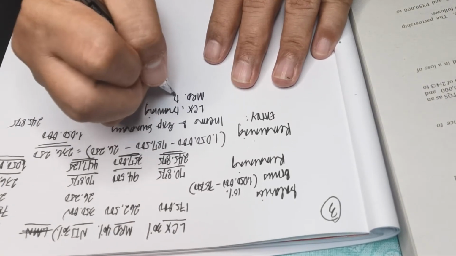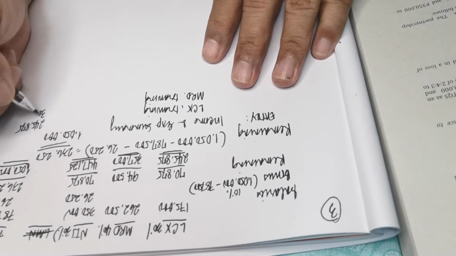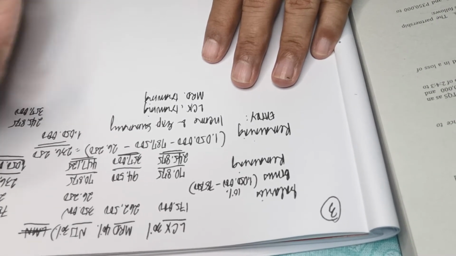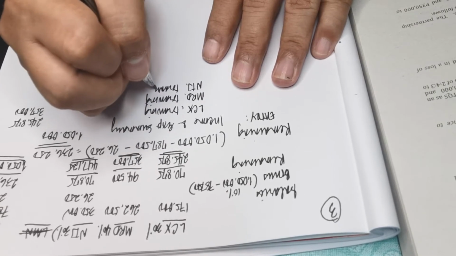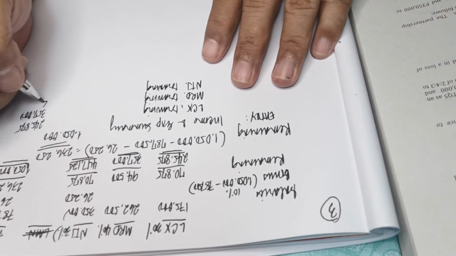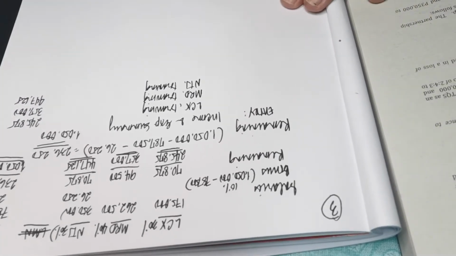MRD drawing, 357,000. NTJ drawing, 447,125. So that will be the entry.